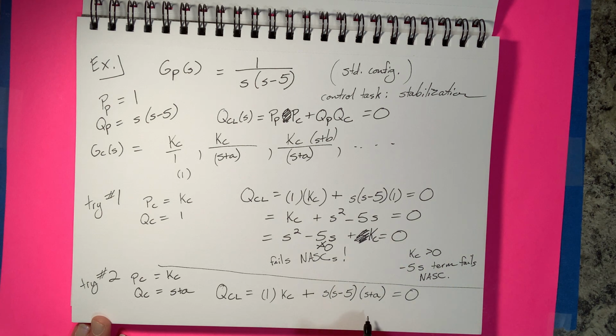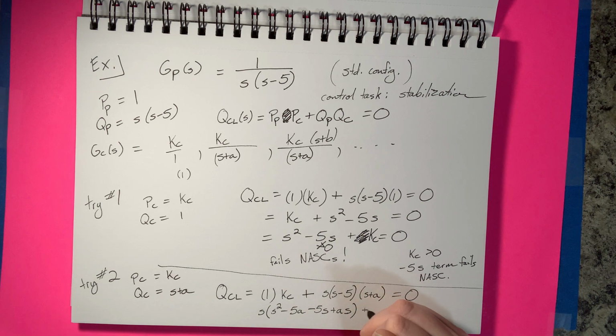So we want to go ahead and FOIL this out. I'm going to have an S term in front, and then we'll have S squared minus 5a. You can do it in any order that you want, and then we always just combine at the end.